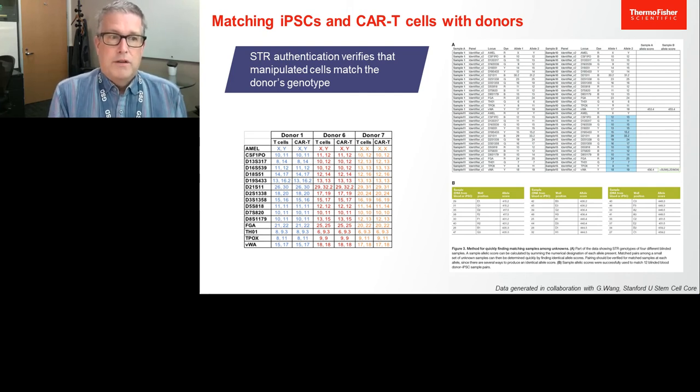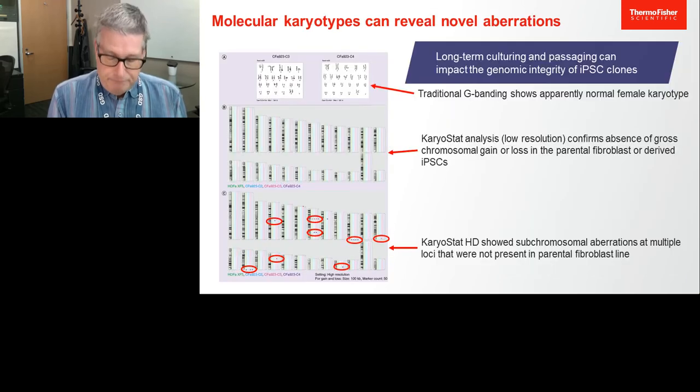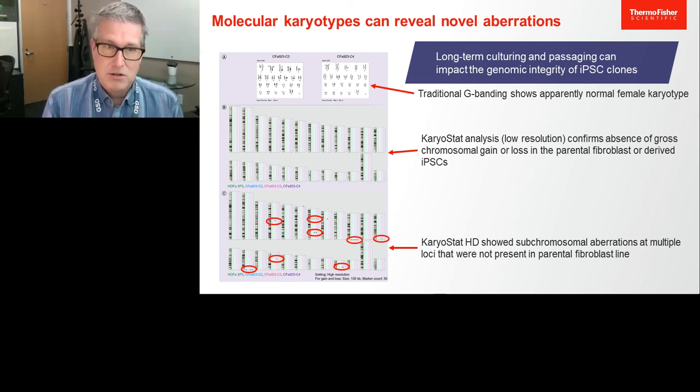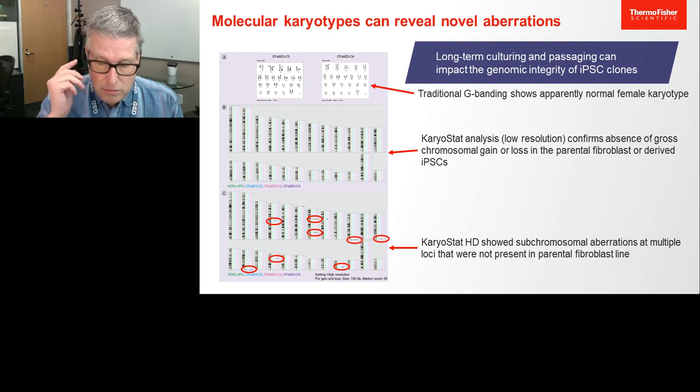And so one other important avenue of quality control is making sure that when you're making these induced pluripotent stem cells that you either have complete pluripotency or that you have put the cells down the correct induced path here.